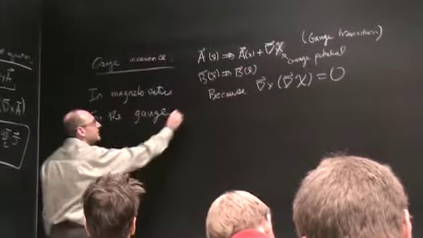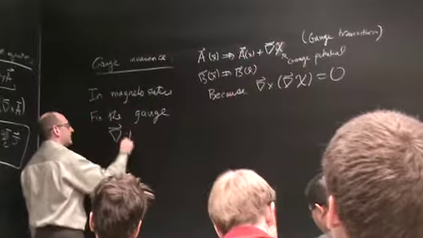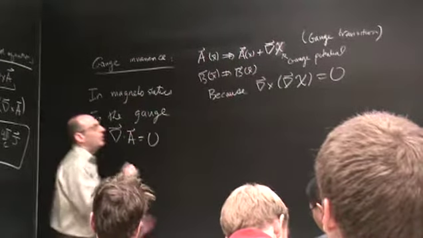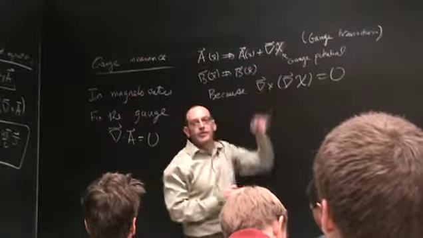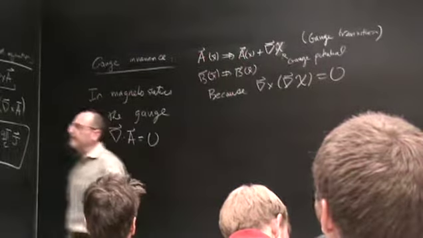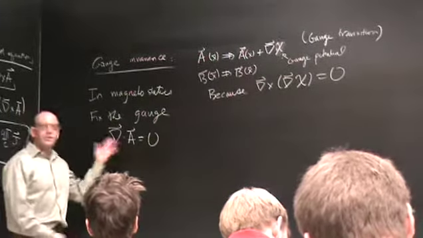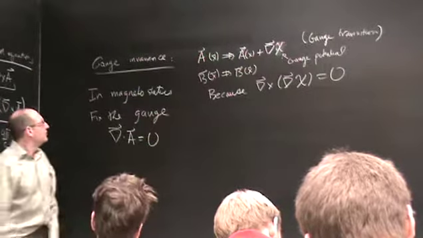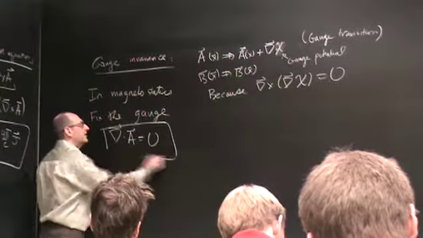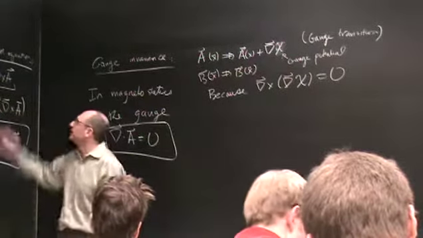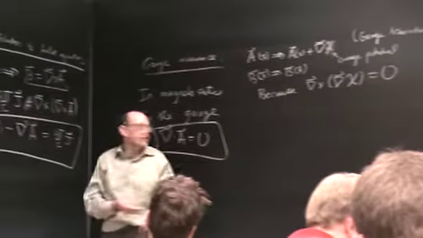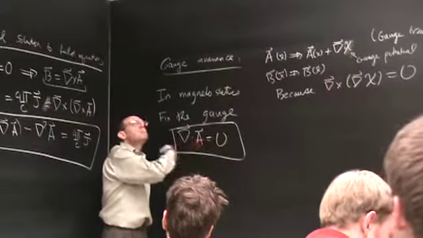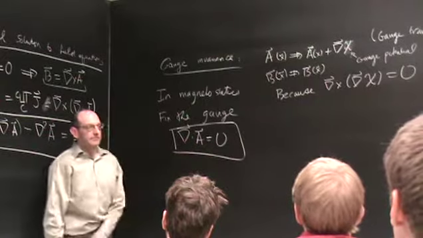And what we choose is del dot A is 0. And if it's not, we can always shift it by a gauge transformation to be 0. There is some gauge potential which will do that. So fixing the gauge means fixing the divergence of A, because the curl of A is the only thing that matters. The divergence of A is arbitrary. Make it whatever you like. Okay?